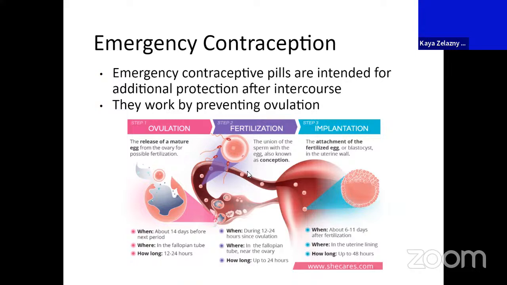Otherwise, those sperm can hang out in the uterine tube for 5 days, right? So if they're hanging out there and ovulation is going to occur anytime in the next 5 days, there's the potential for fertilization. But you can stop that. If the person hasn't ovulated yet, you can just suppress the ovulation, and it works the same from a physiological perspective as the typical daily hormonal birth control would.